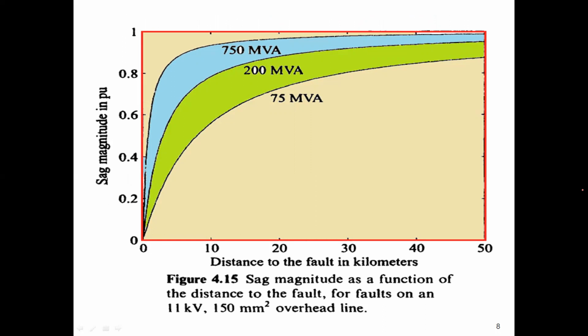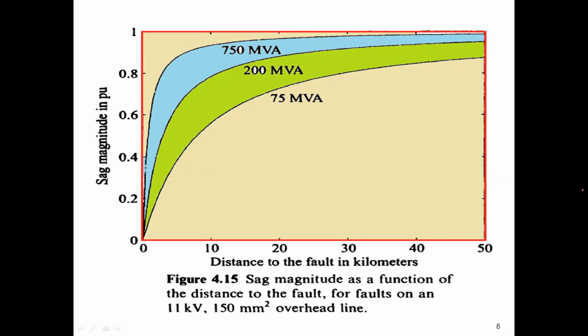These calculations are based on a 150 square millimeter overhead transmission line, and the fault levels are, as you can see, 750 MVA, 200 MVA, and 75 MVA.